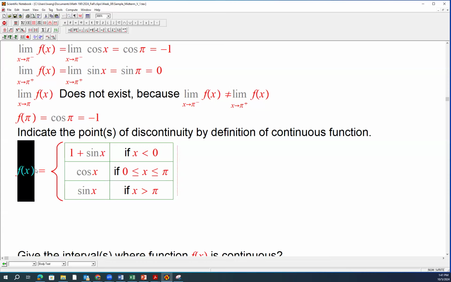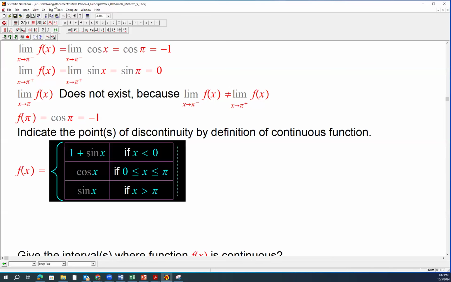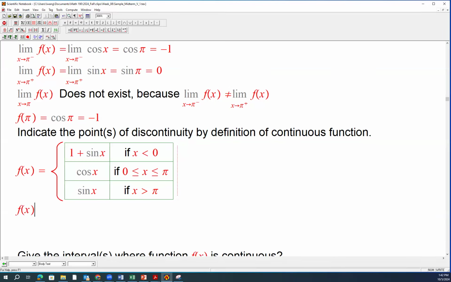So where is this f function continuous? F of x is certainly defined everywhere, from negative infinity to positive infinity.